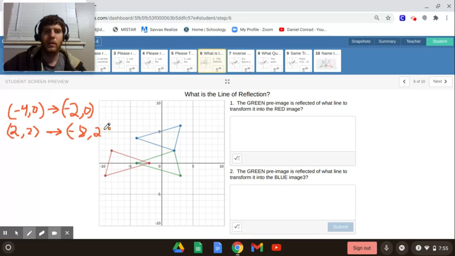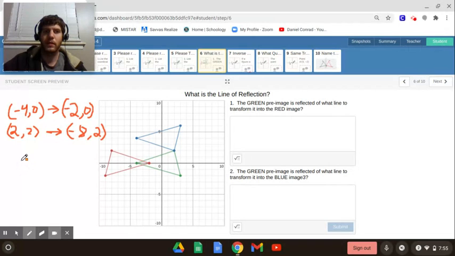On this one, we can clearly see the line of reflection halfway between those points is the line x equals negative 3. But if we didn't know that, we can find the midpoints of these two points. The midpoint formula is the average of the x and the average of the y.